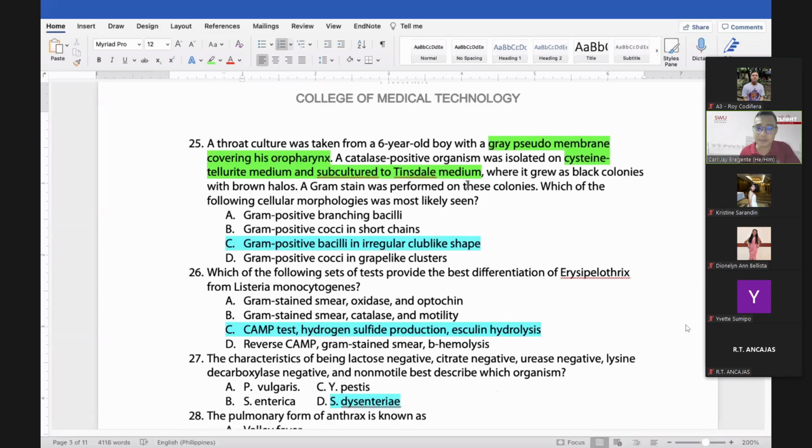Okay, so remember again, Corynebacterium diphtheriae, the hallmark of the disease is formation of pseudomembrane. Its gram staining is gram-positive bacilli with irregular club shape, or pleomorphic bacilli, with characteristics of picket fence or Chinese letter characters.